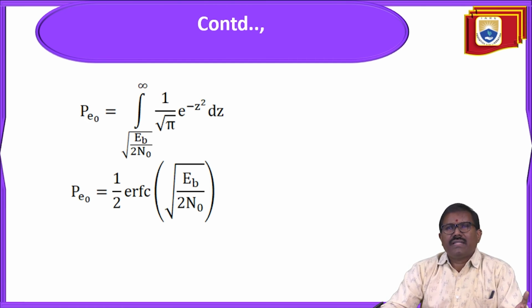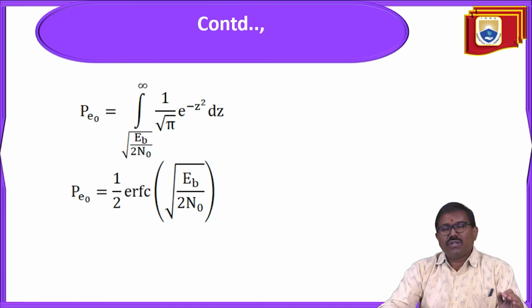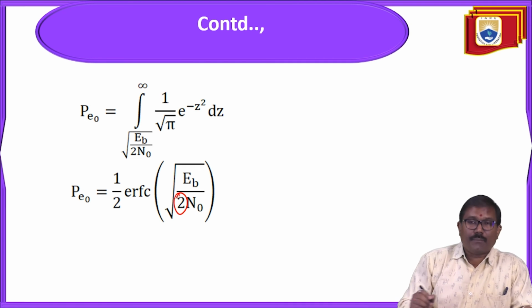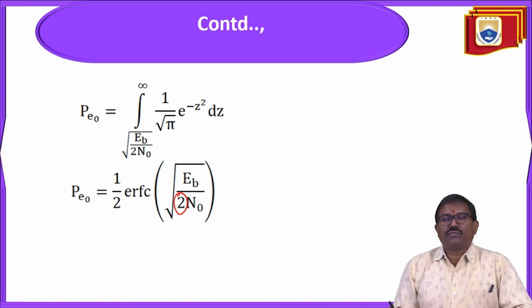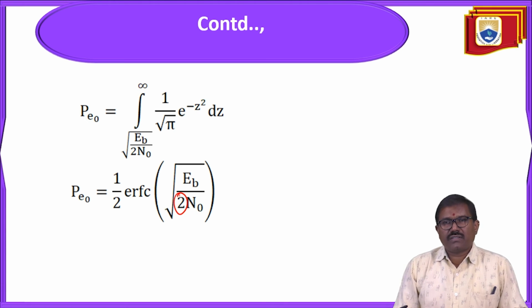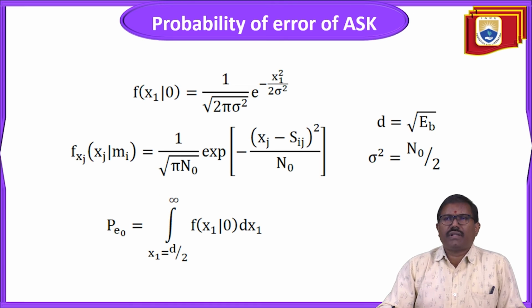Rearranging this in terms of the complementary error function, the probability of error is equal to 1 by 2 erfc of square root of Eb by 2 N0. So the difference in the probability of error between PSK and FSK is only these two terms; the remaining are all the same, as usual in PSK also. And next we go for the probability of error of ASK.